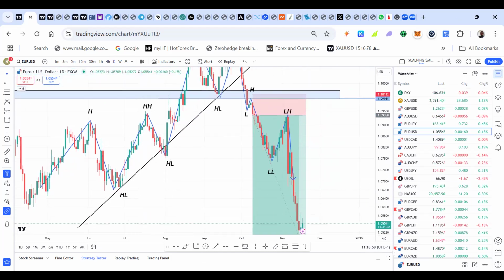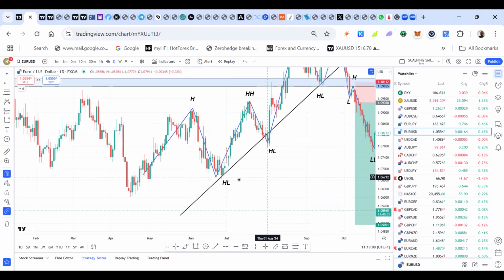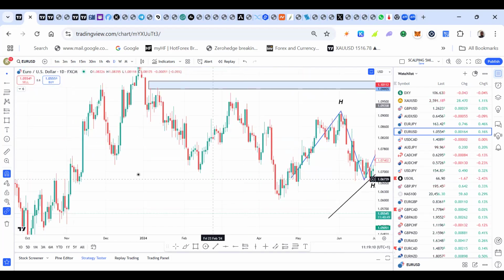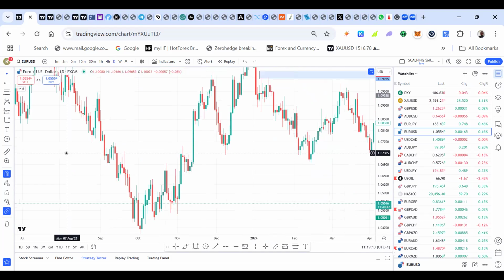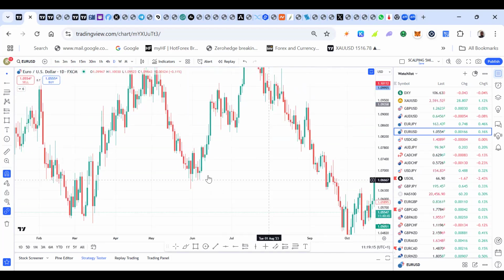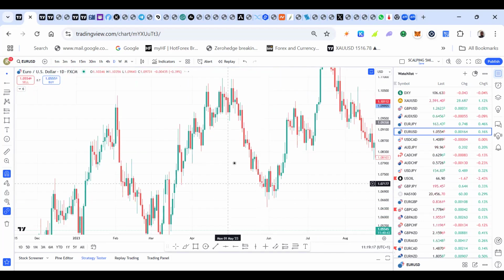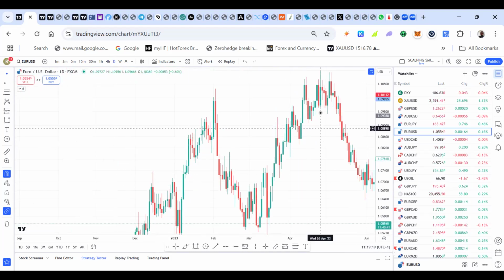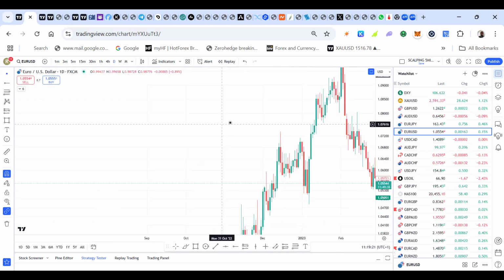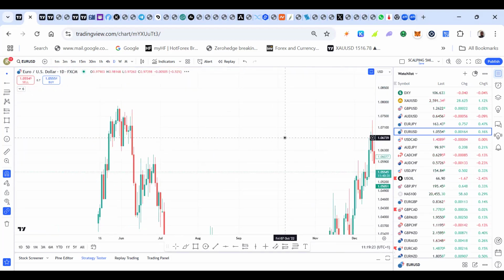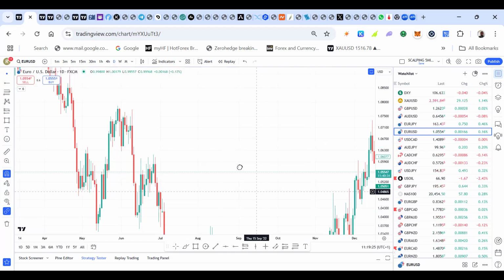So now let's see. We're talking about confirmation checklist, then consolidation. Now, let me look for where there is consolidation. When a market is trending and it begins to consolidate, all of these are consolidation, but I want to look for a very thick one.